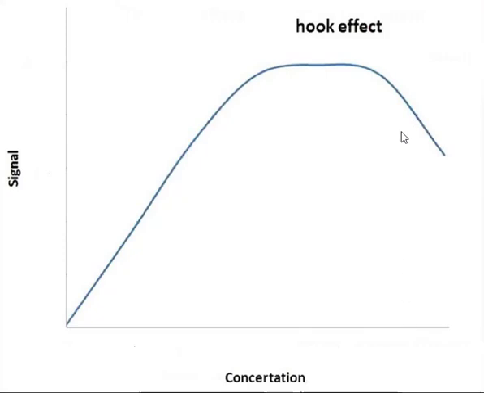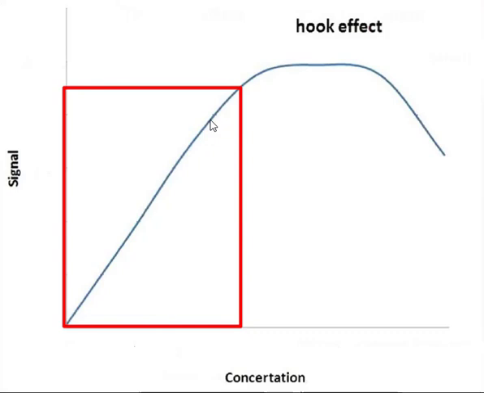So let's talk a little bit about the mechanism that happens during this phase of our curve, this phase, and finally this phase. Here the amount of analyte is lower than the binding capacity of our capture antibody, so we can detect it easily and with no problem.